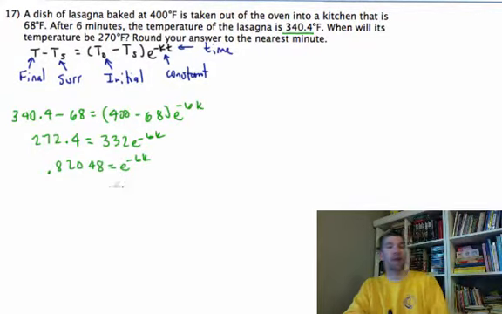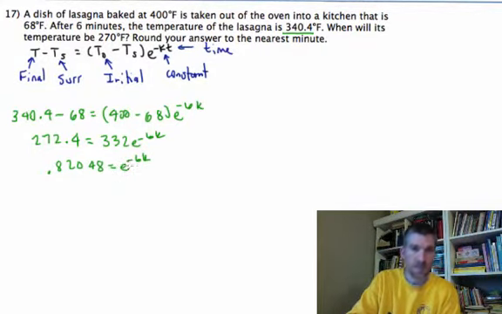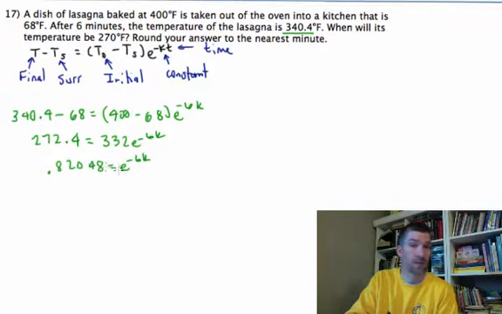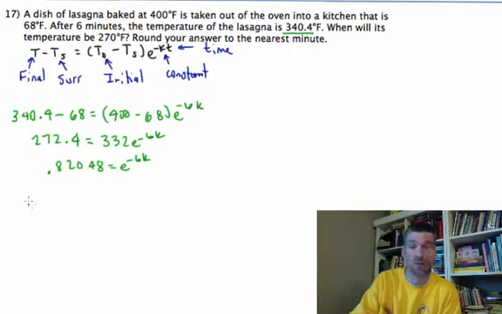We can rewrite this in natural log form, or you could take the natural log of both sides, however you want to imagine it happening. The natural log of 0.82048 equals the natural log of e to the negative 6k.